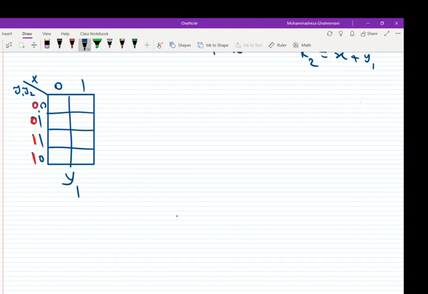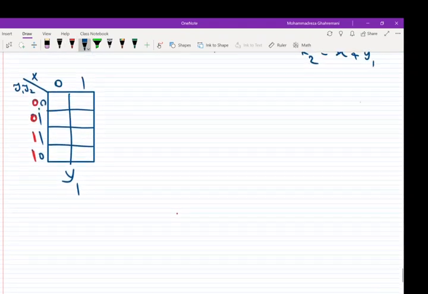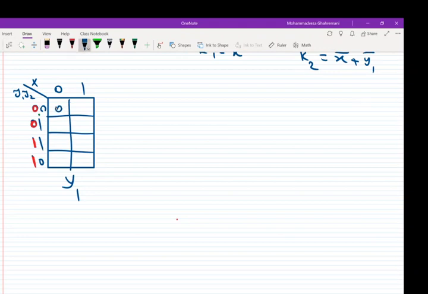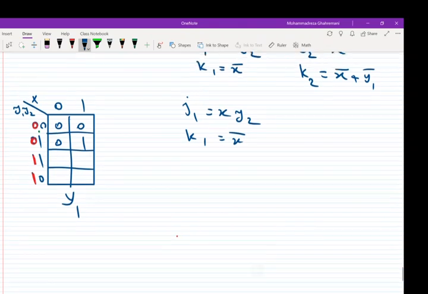Okay, so we got these values so far: 0, 0, 0, 1, and we know that j1 is equal to x y2, and k1 is equal to x bar. So just compare your solutions with my solution. I hope that you all got the correct answer.